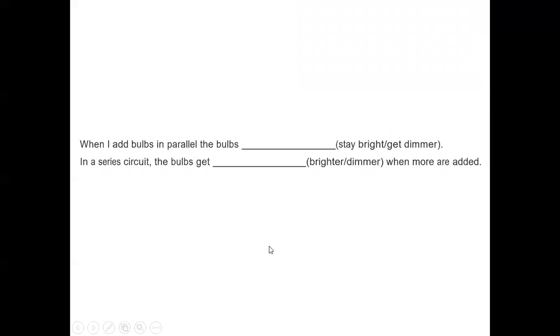Now, if you were to add a bulb to a parallel circuit, would they stay bright or get dimmer? And in a series circuit, if you added more bulbs, what would happen to them? Pause the video here, take 30 seconds, and just make a decision.